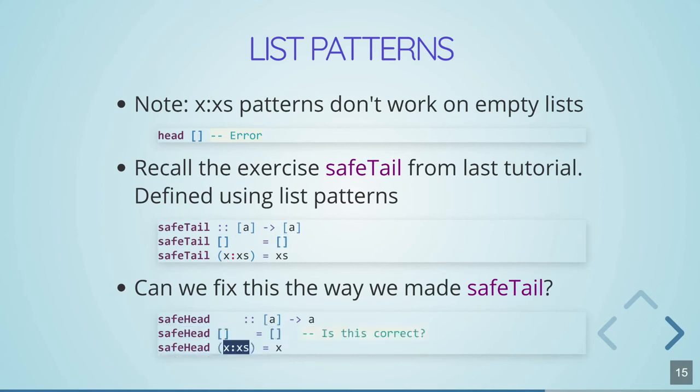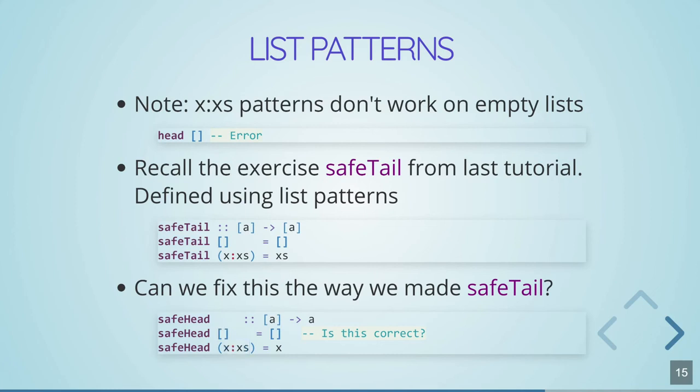So with head, in the case that there is a list with at least one element, this x colon x's, if it pattern matches here, then let's say it's a list of just one value. Then x will be that one value, and x's will be the empty list. Okay? So as long as there's one value, it'll return it.